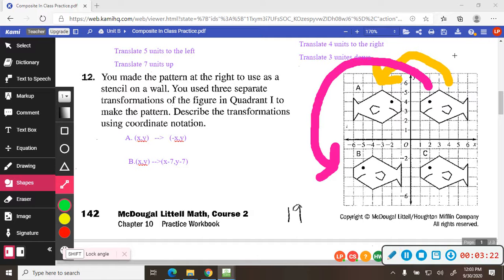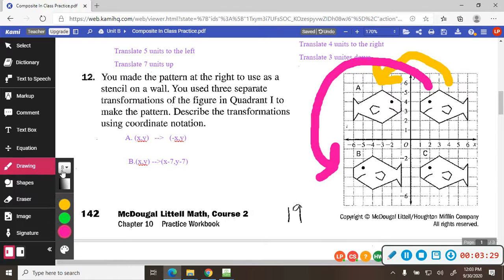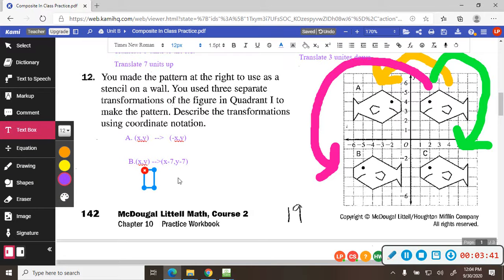And now I'm going to go from our pre-image to our image and write down what happened. You take the xy, what do you do to it?